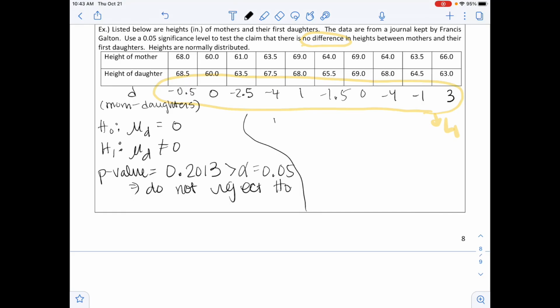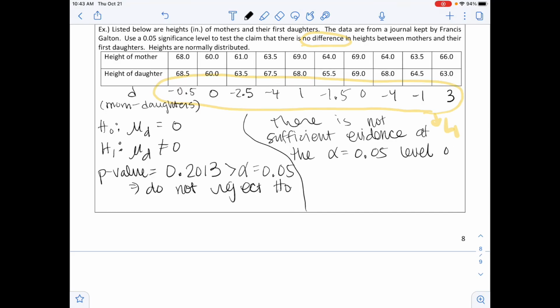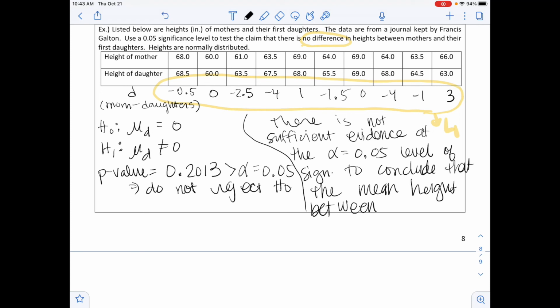And so in conclusion, we can say there is not sufficient evidence at the alpha equals 0.05 level of significance to conclude that the mean height between mothers and firstborn daughters is different.